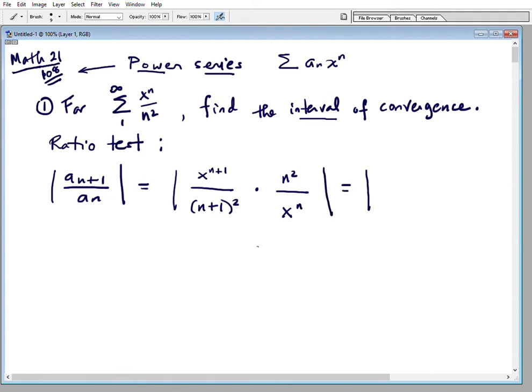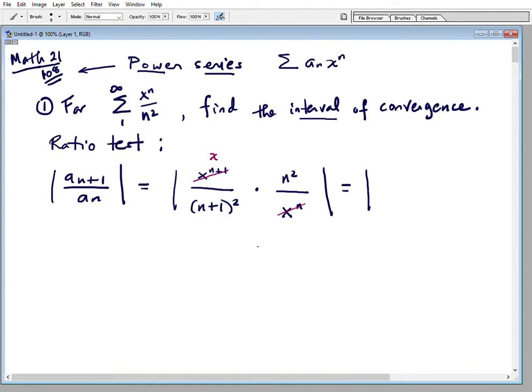Here we can reduce, and we have x. Then here we're not going to reduce. We're just going to put one on top of the other and take a limit.